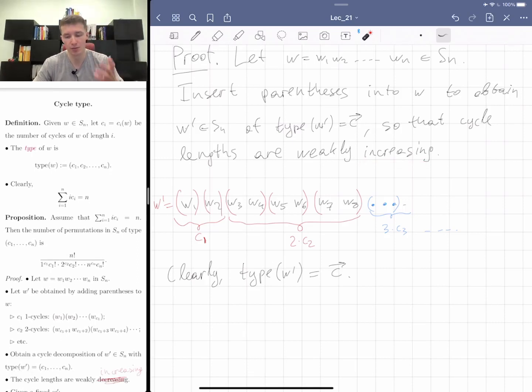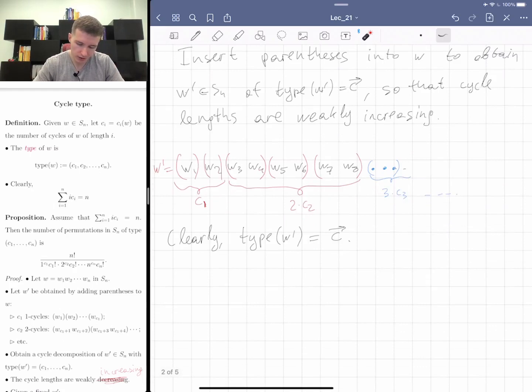But the question is, first of all, do I get any possible W prime in this way? And if yes, in how many ways? And well, first of all, it's clear that I get every one, right? Because given a permutation W prime, I can order the cycles so that the lengths are weakly increasing, and then I can just ignore the parentheses, and I'm going to get the permutation.